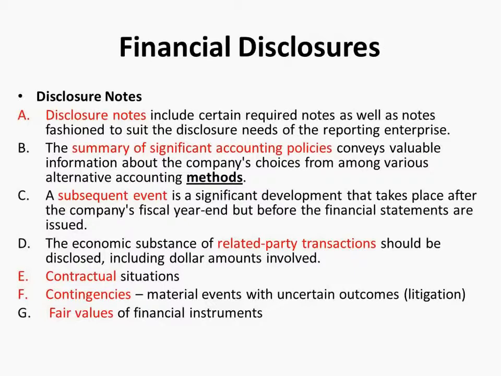If you have related party transactions, if you're making significant loans or something to related parties, you have to disclose this in your footnotes. Okay? Does that go in the summary of significant accounting policies?